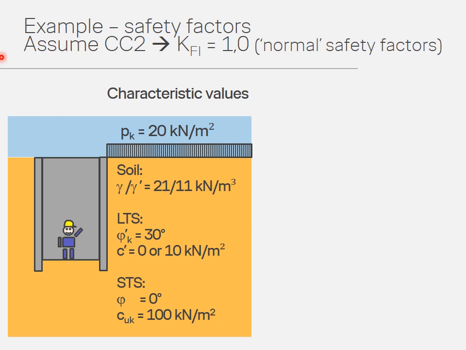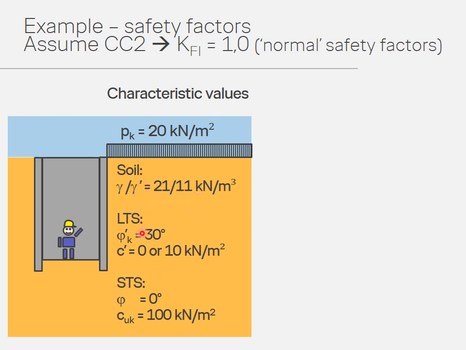Just to make sure you understand the use of safety factors in Denmark, we now have an example. We are assuming consequence class 2, giving us a KFI factor of 1.0, meaning that we are not increasing the safety factors by 10%. We have so-called normal safety factors. A quick run through of the characteristic values. We have a surface load of 20 kilonewton per square meter. Then we have density of soil, 21 kilonewton per cubic meter.